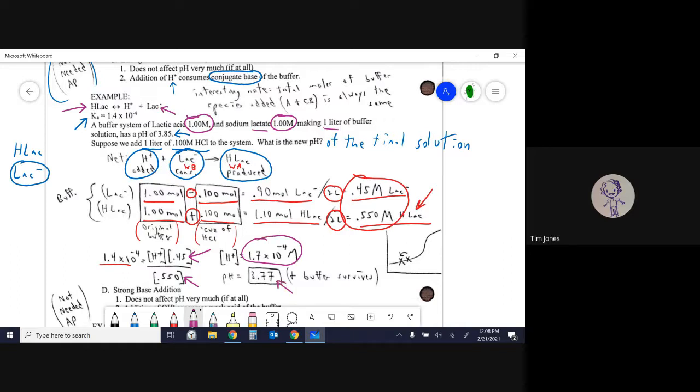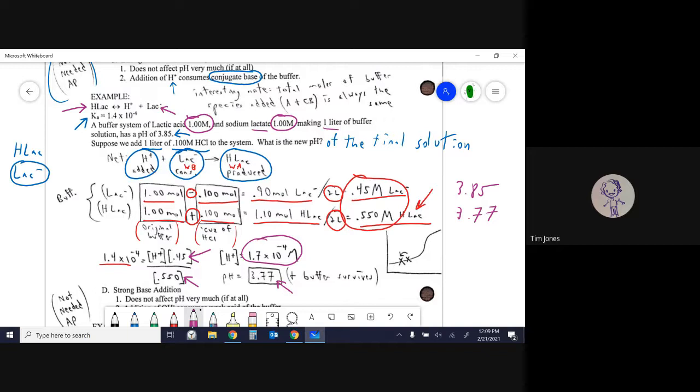And notice what's happened to the pH here. It started at 3.85 and it went down to 3.77 because we consumed some of the weak base and we made some of the weak acid. So it's no surprise that the pH went down, but it didn't go down very much.